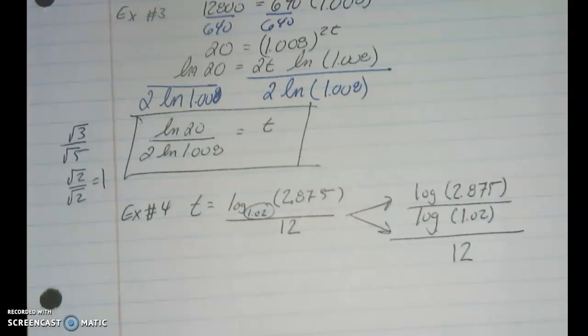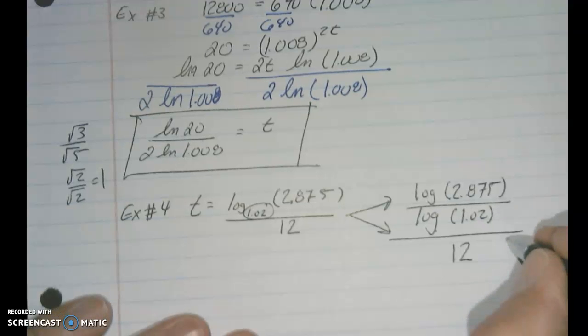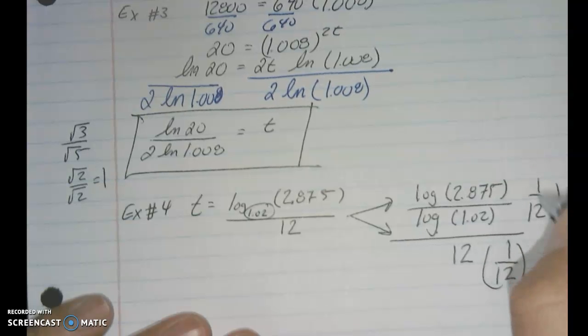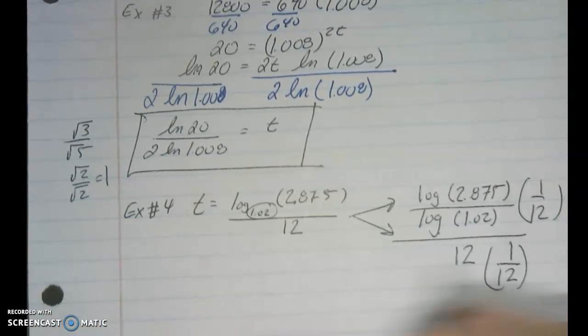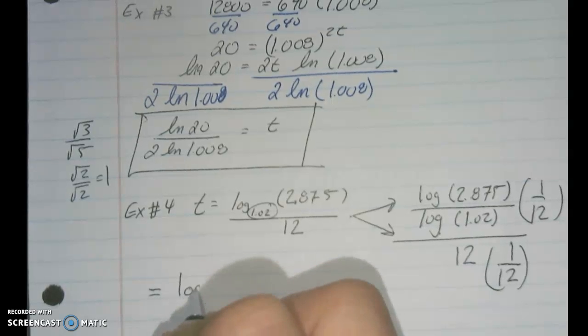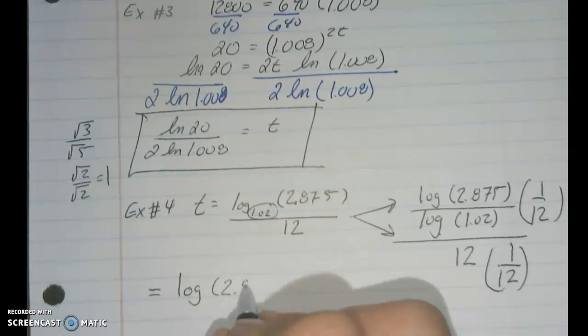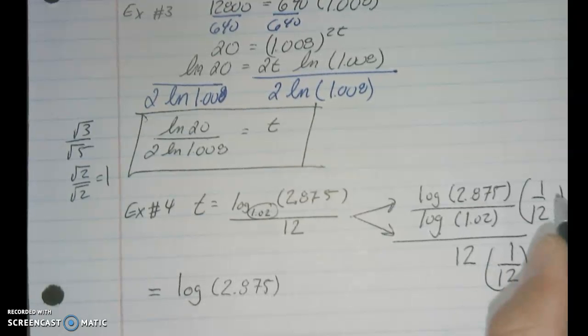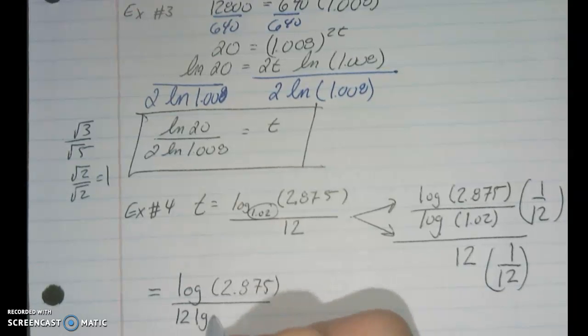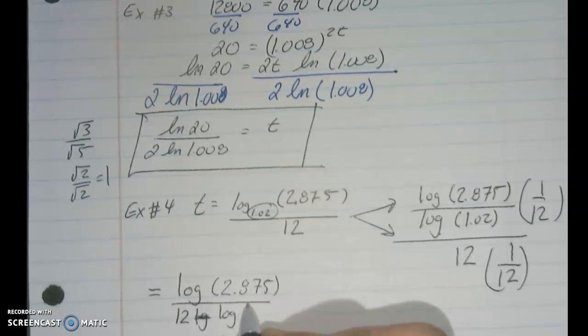Now, can we have a fraction inside of a fraction? Good job. No. So we're going to take this and multiply it by 1/12 and 1/12. So then my equation is going to be the log of 2.875, because that's times 1, and then I'm just going to put that 12 out in front, like that.